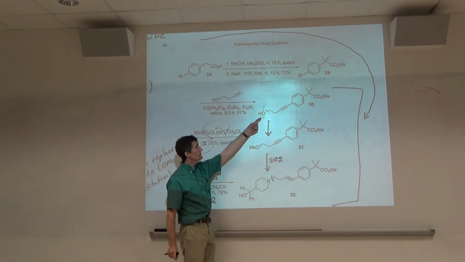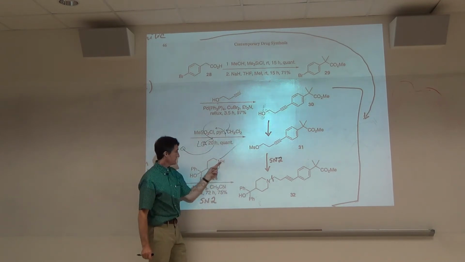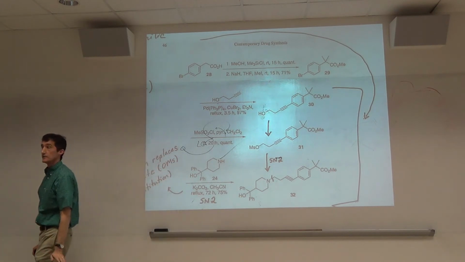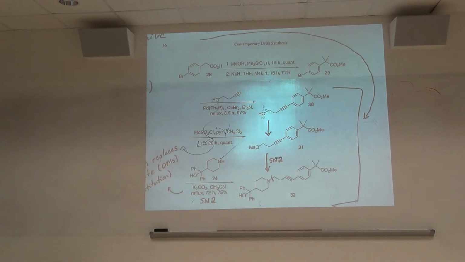You can't do an acid reaction with a base around. That's like having your cake and eating it too. So there's reasons why they made the mesylate and then they reacted it with the amine. In the end, it's just a different approach.